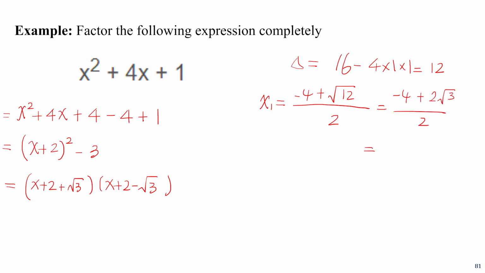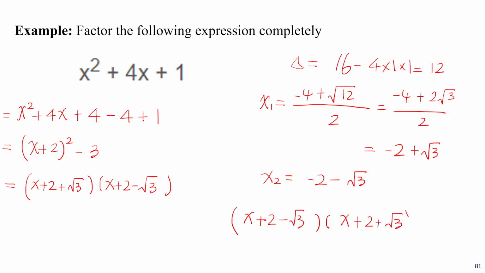And this gives us negative 2 plus square root 3. And the other zero is, of course, negative 2 minus square root 3, right? And then this can be factorized to a, where a is 1. So that's just x minus x1, which is x plus 2 minus square root 3, times x minus x2, which is x plus 2 plus square root 3, right? You can use either method. Did you get it? Okay.